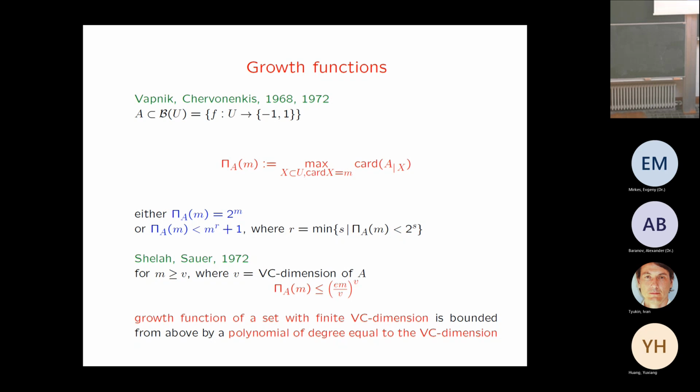It's quite interesting how things that originated with people who studied completely different problems become quite handy when you study neural nets. That is really nice. And growth function is related to VC dimension. Here is the Sauer-Shelah theorem that says that this growth function is bounded by a polynomial where the exponent is the VC dimension.